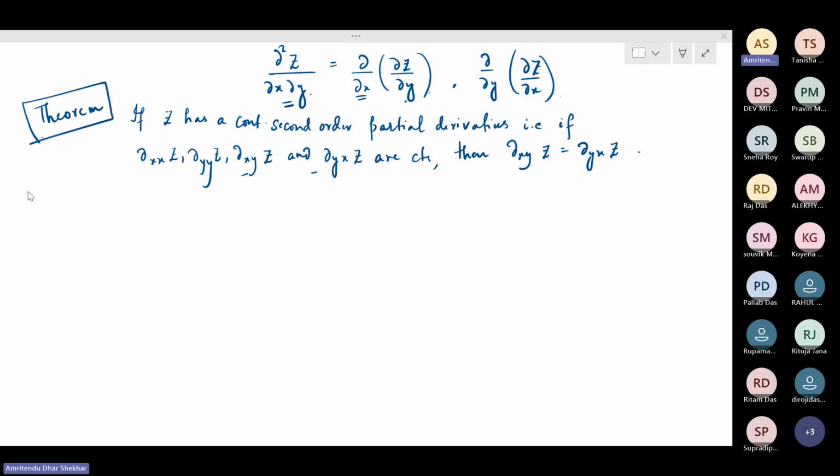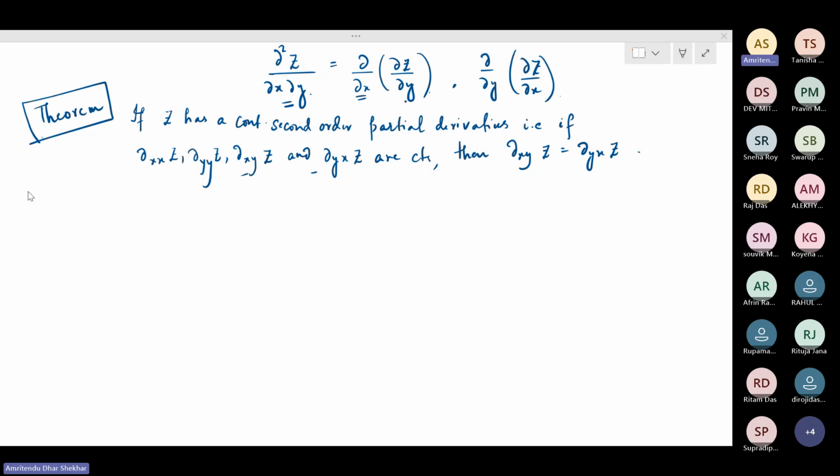Let's next look at types of critical points. Still have two important things to finish off over here.